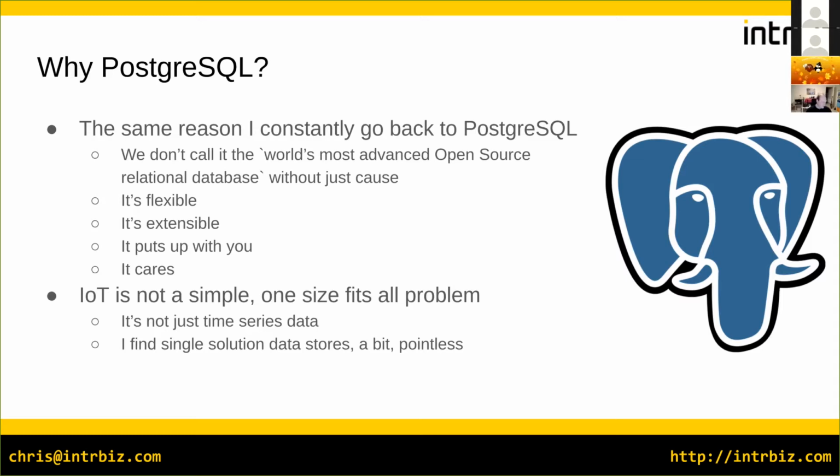So for people who don't really know Postgres very well, it's a relational database, very much like, say, MySQL, Oracle, MS SQL. It actually started off as a project at Berkeley University in California back in the mid-80s. What we now think of as PostgreSQL is a restart of that project in 1995.